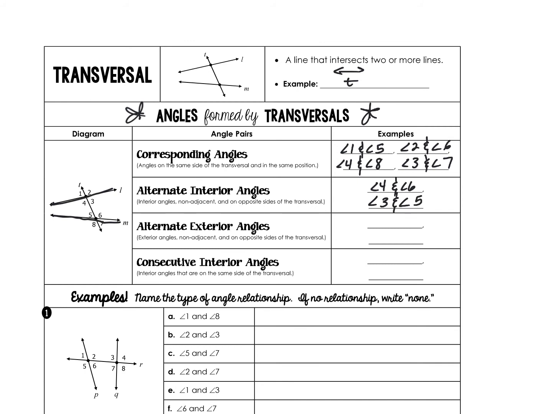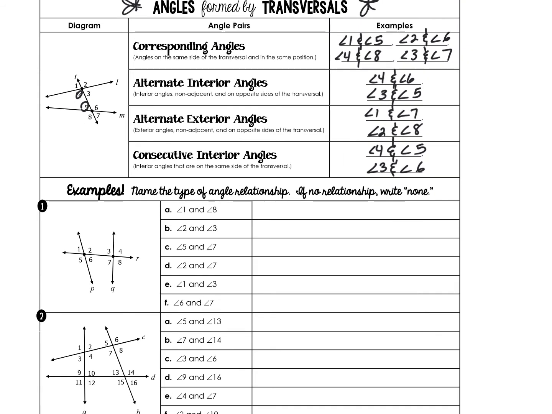Alternate exterior, so that'd be like 2 and 8, and angle 1 and angle 7. Consecutive interior are angles that are on the same side of the transversal on the inside. So that would be like angle 4 and angle 5 and angle 3 and angle 6.